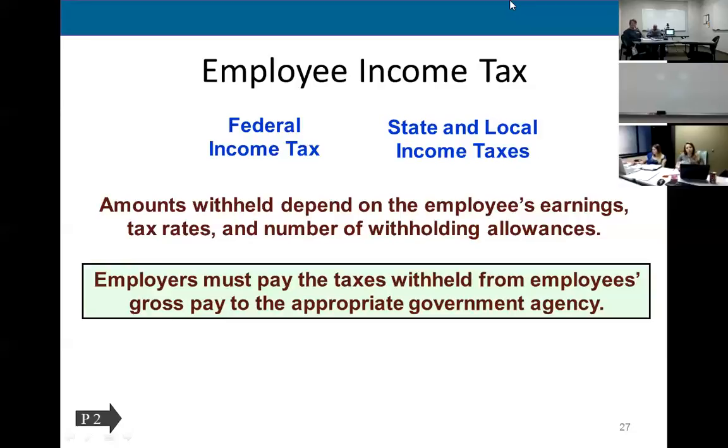Okay, so once the employer withholds this from your paycheck, it is going to be reported as a current liability on the balance sheet. They're expected to pay that in the short term. About the longest period I know for employee federal income taxes is that small businesses sometimes report and pay on a quarterly basis.